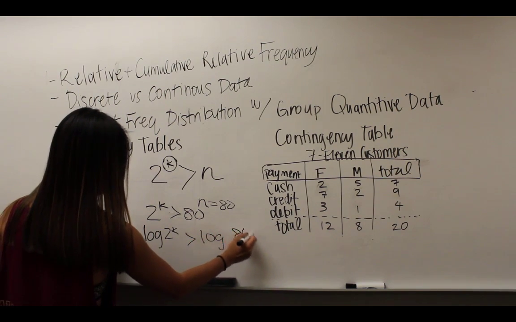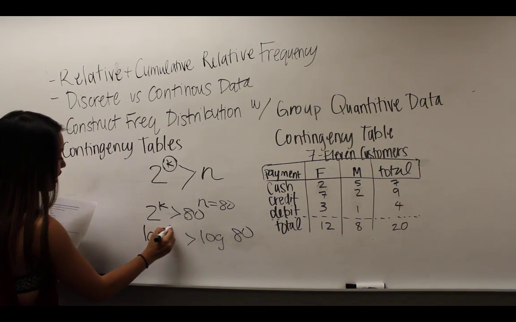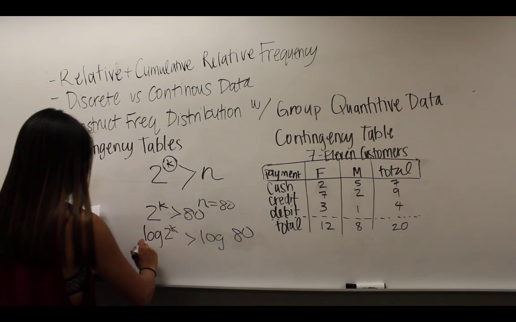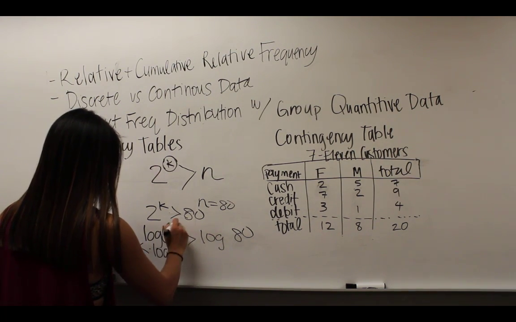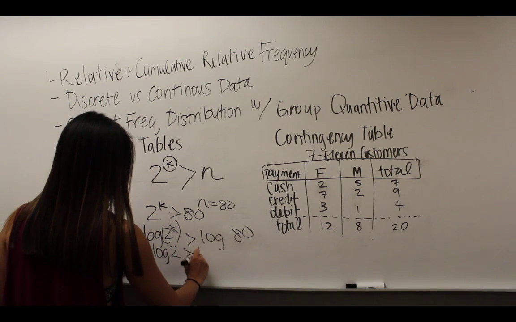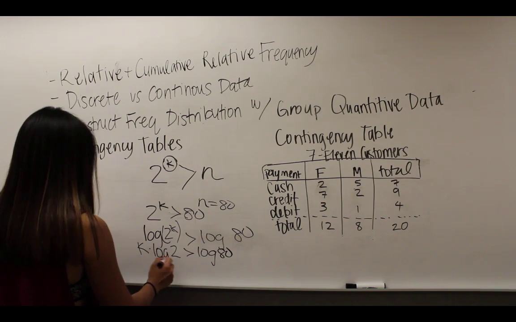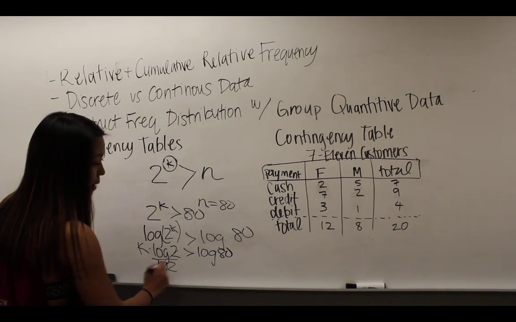I'm not going to solve it, I'm just going to keep it as log of 80, but you can put that in your calculator. When you take the log of something, that brings the k down, so it'll be k times log of 2. You still have log of 80 on this side. Then you're just going to divide by the log of 2 on both sides.